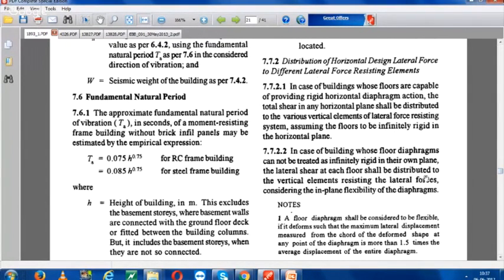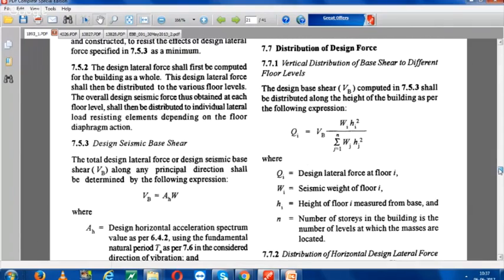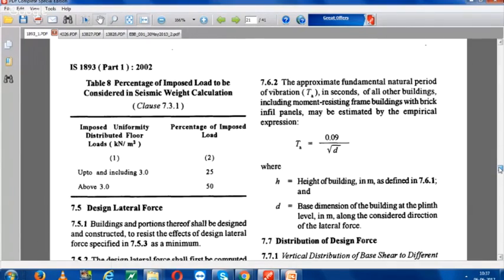This is the fundamental time period, clause 7.6. Here you can see the fundamental time period is given for RCC frame buildings, for steel structures, as well as for brick masonry structures. This is the fundamental time period given in the IS code.